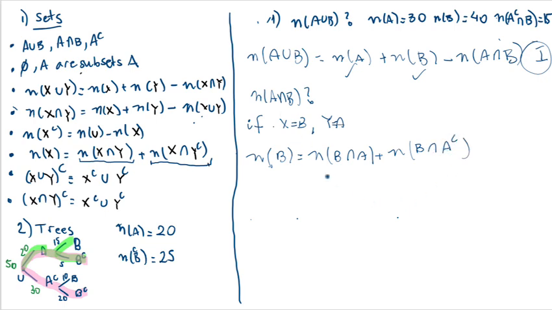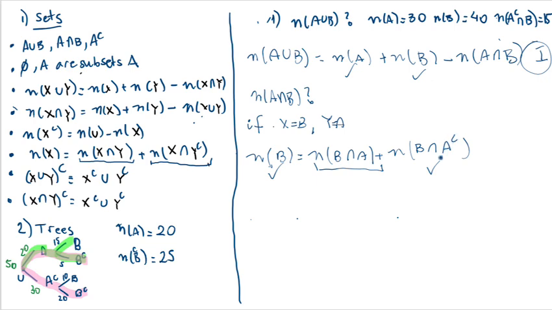Okay, I want this. I have this, n of b is 40, and I also have this. See, it's commutative. It doesn't matter the sequence, but I managed to put my a.